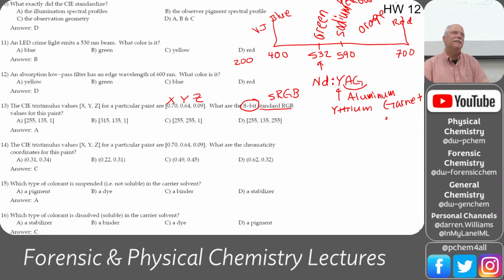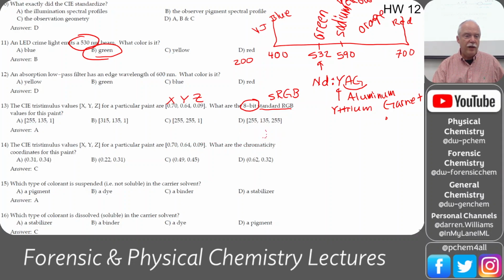So we're looking at this at 530, very close to 532. That's going to be a green flashlight color, green laser. So what you just said about 600, 12 right there? 12, okay.